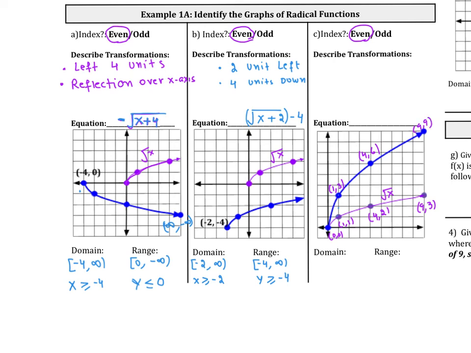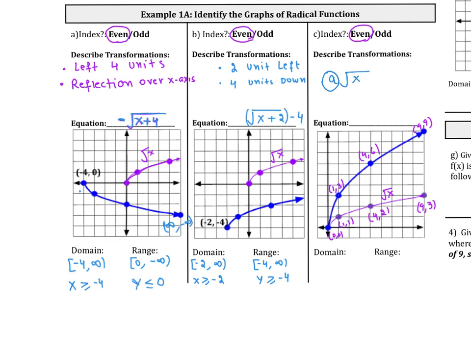Now, what do you notice here? The y value that was 1 is now 3. The y value that was 2 is now 6. The y value that was 3 is now 9. It means the y value is multiplied by 3. So whenever the y value is multiplied by an a outside, and a is greater than 1, that's a vertical stretch.